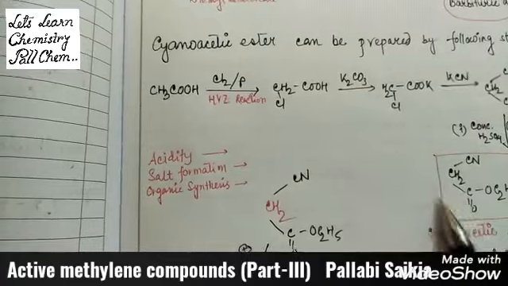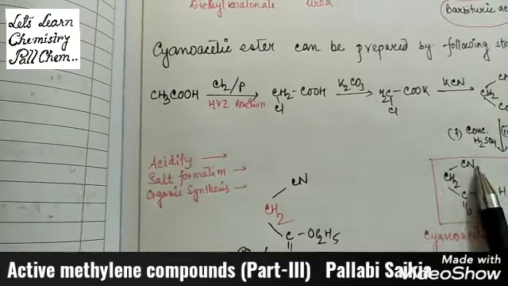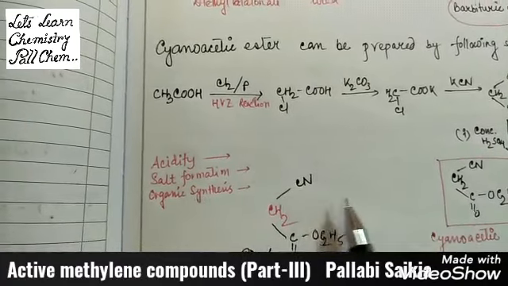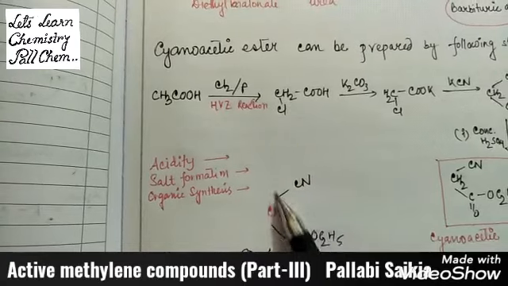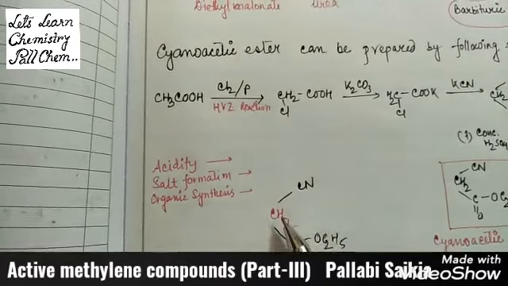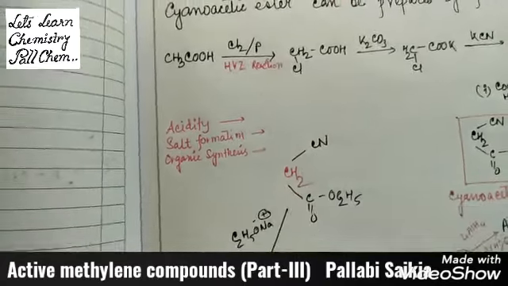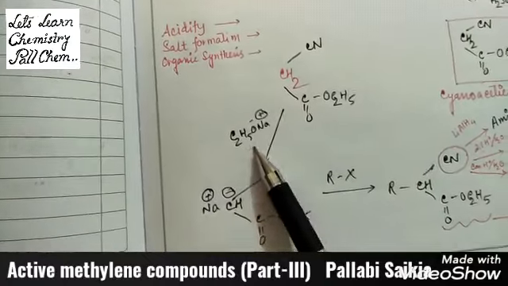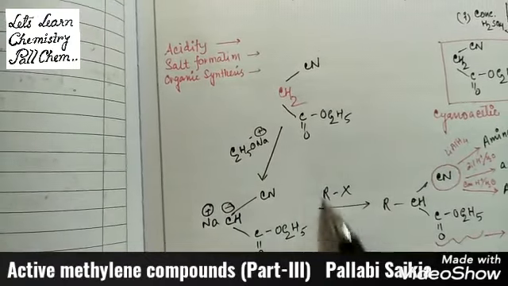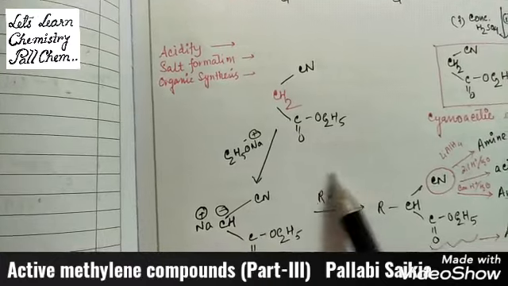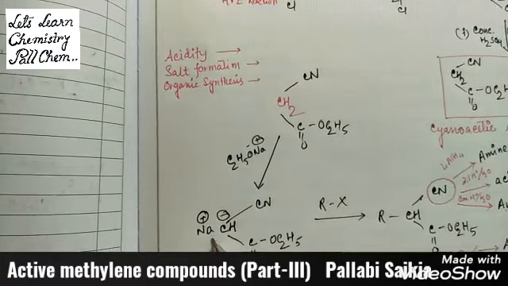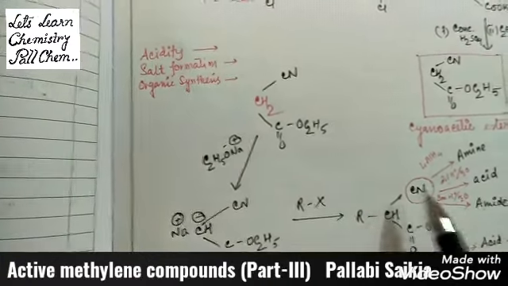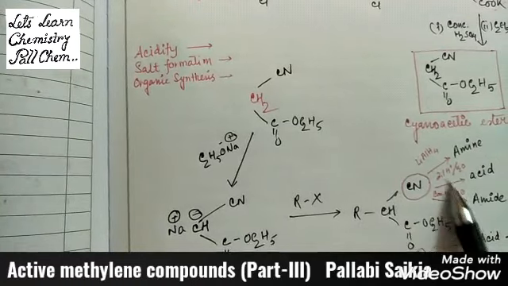The acidity of cyanoacetic ester can again be explained by these electron withdrawing groups. So it is highly acidic and can form a salt in the presence of base to form the sodium salt of cyanoacetic ester, and treating with a suitable alkyl halide, we get the alkyl derivative of cyanoacetic ester.